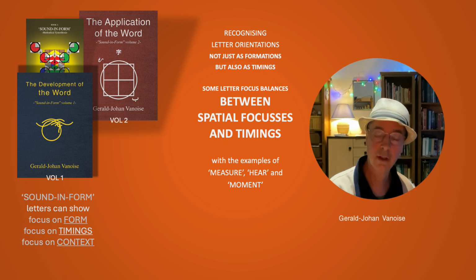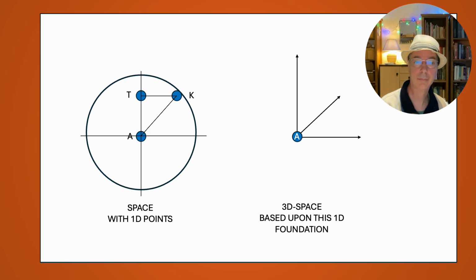But first I need to reintroduce the scope of focuses that are a foundation for our orientations in time and space, for our letters that we use in words. The very foundation of our focus is already defined somewhat in the first three letters, the A, the T and the K, which are basically one-dimensional points in space that we use to orientate ourselves.